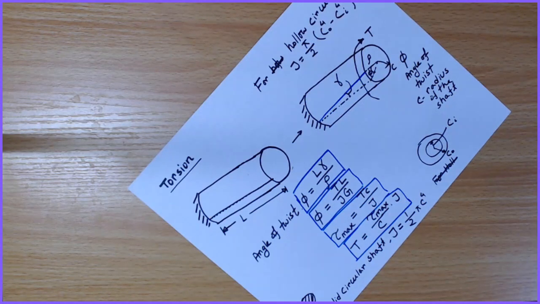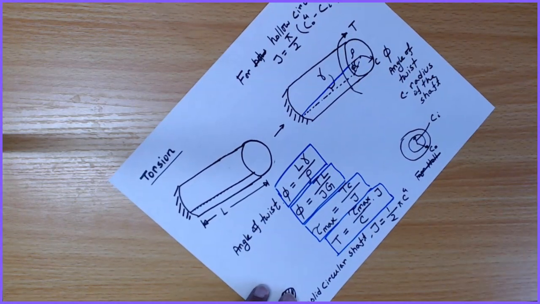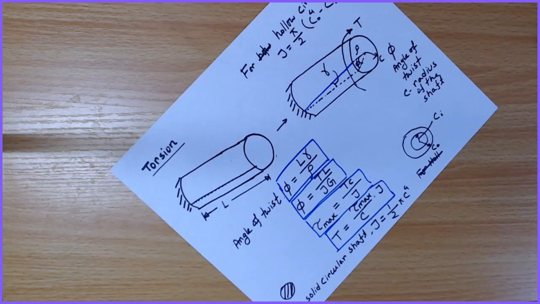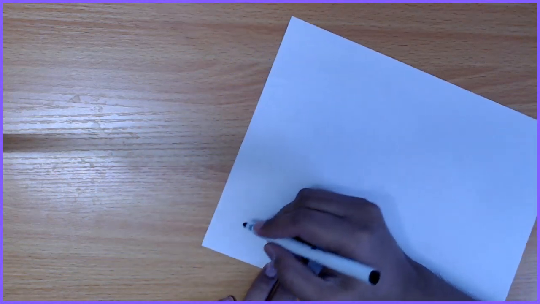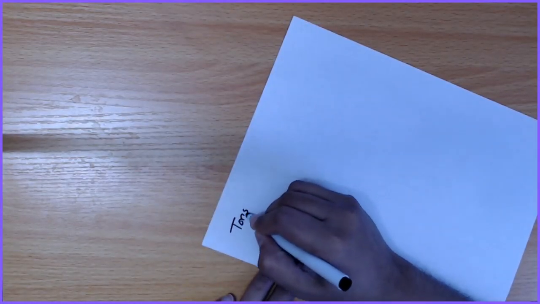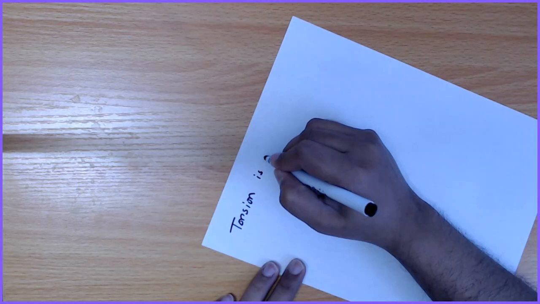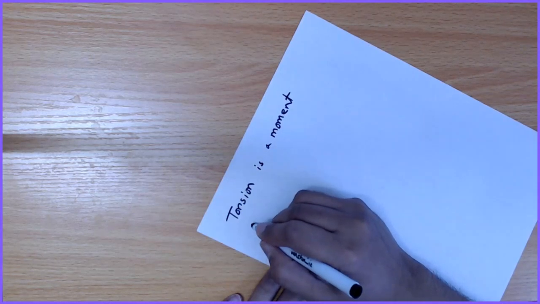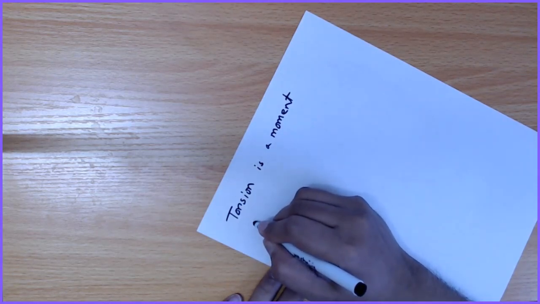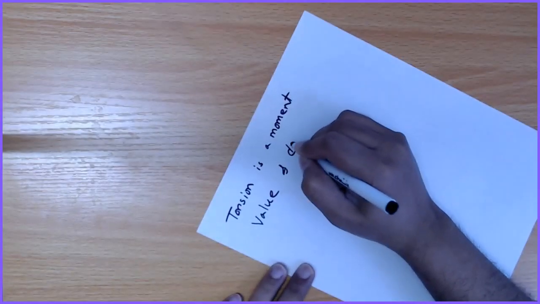Now, the one thing I didn't mention, actually I did mention in the other class, is that torsion is a moment, right? So the torque, as you remember, like the moment has a value and direction, right?